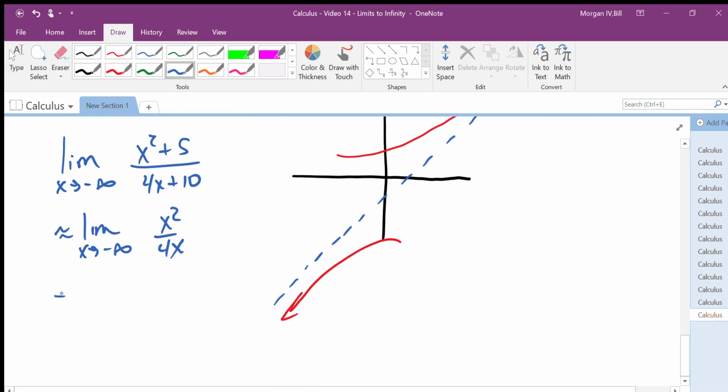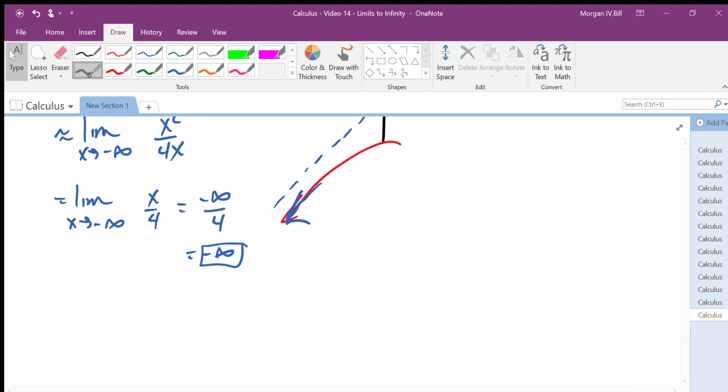That simplifies to the limit as x goes to negative infinity of x over 4, which is negative infinity over 4, which is negative infinity. And that should match the graph that we've drawn here, that as x goes to negative infinity, the y value is approaching negative infinity as well. It's going down to negative infinity, down forever.